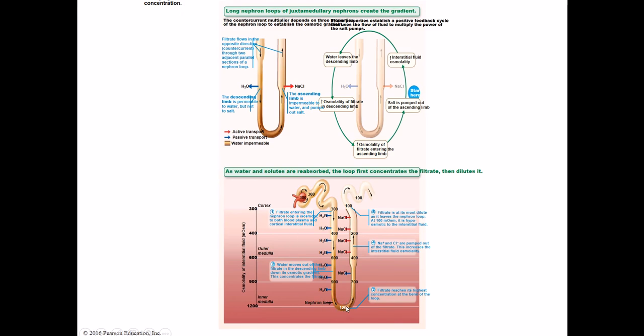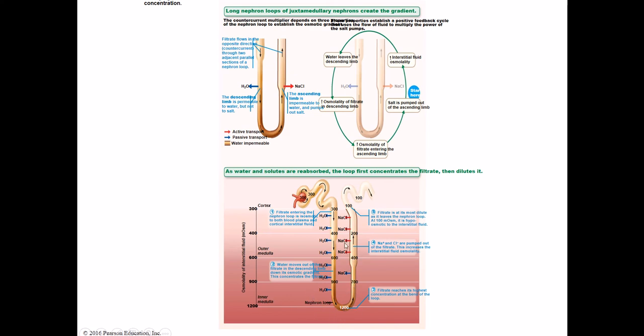The end result is that the filtrate first becomes saltier by losing water, and then less salty by losing the salt. And so it ends up quite dilute because it loses all this salt.